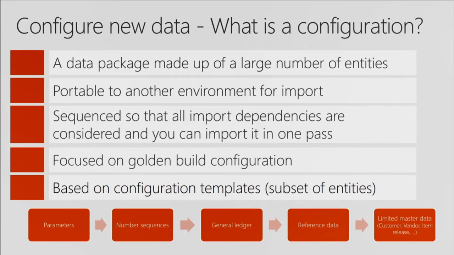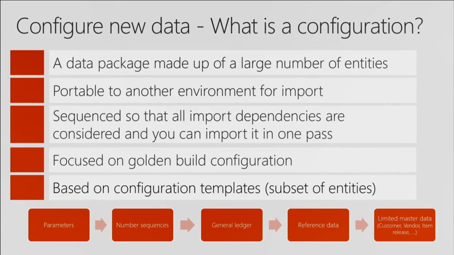it in one pass. There are configurations that we ship out of the box that are pre-validated, that have been tested and, I would say, guaranteed to work at least on the demo data we have, to work in one go. All the dependencies between the data entities and the sequence they need to run in are within this configuration.